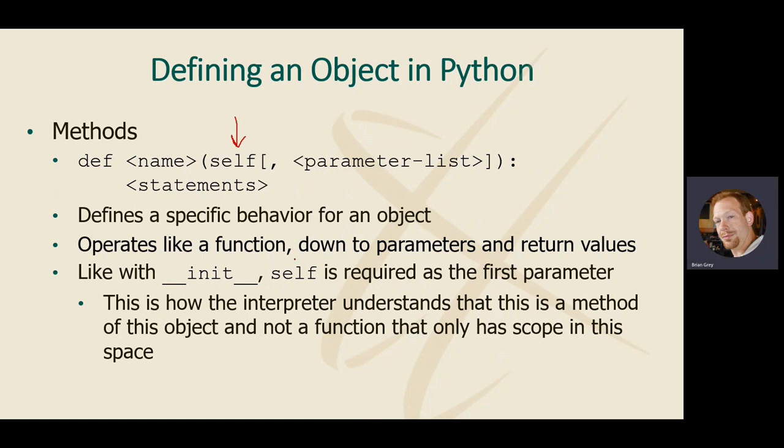Additionally, self represents the object that the method has been called on. So if you need to refer to another aspect of that specific object, you can use self, and that will refer to it. And you'll see how that works in a moment.